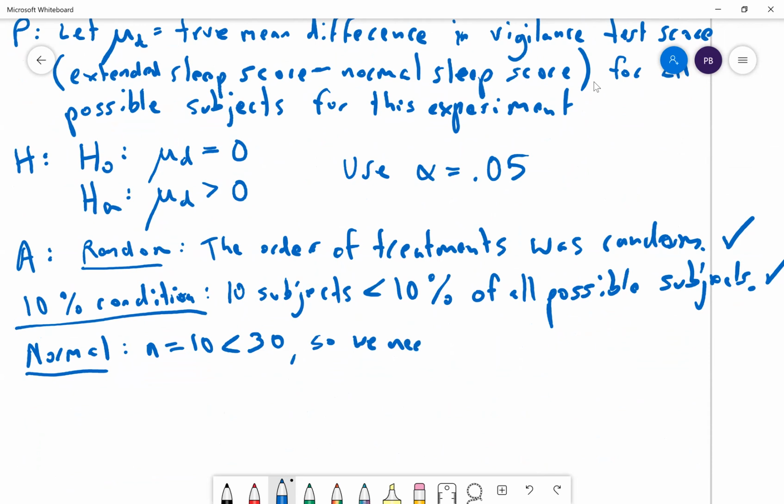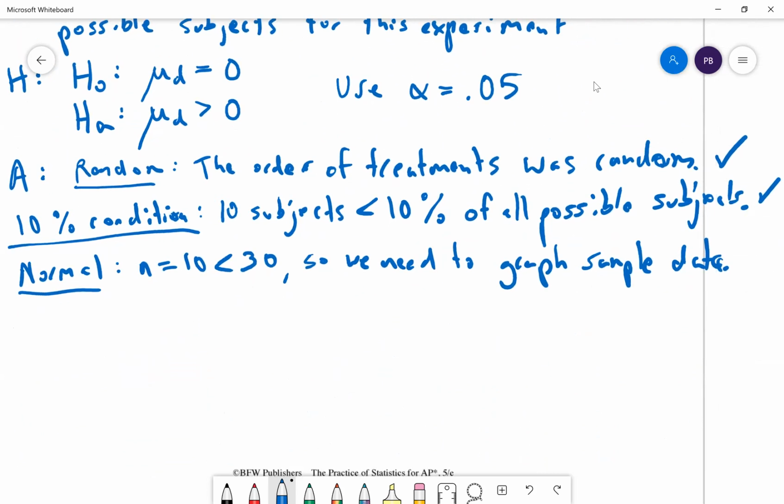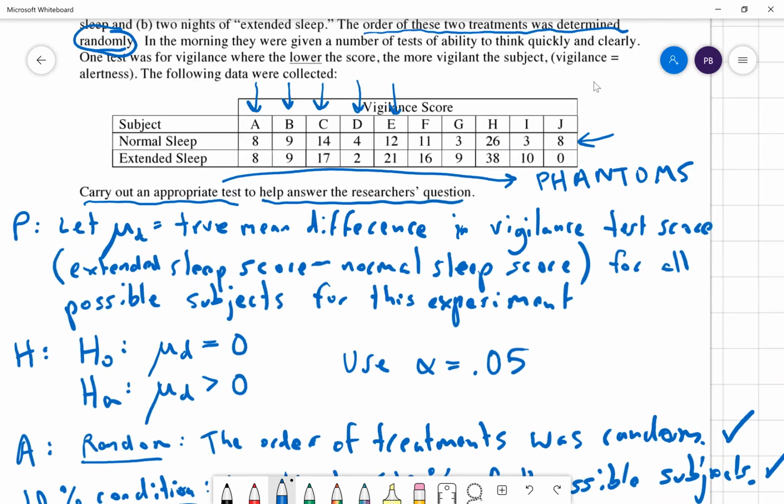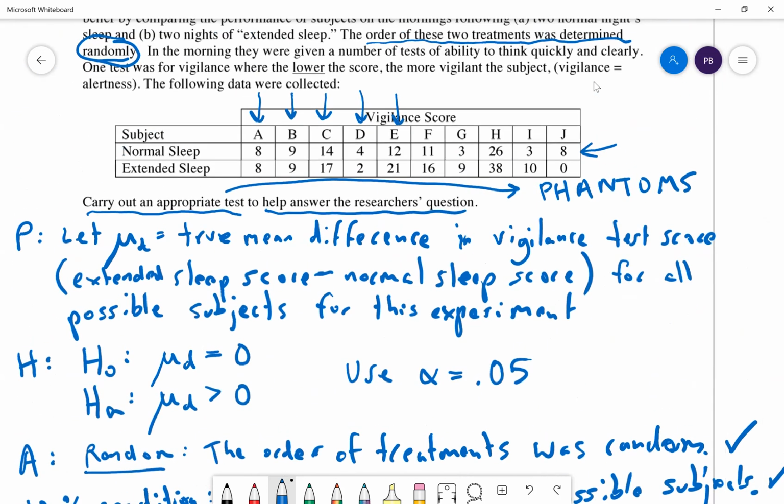So we need to graph the sample data. Okay, so I would recommend creating a box plot here, but the key thing is what data are we actually going to graph? So here we have these 2 rows of data. Which row should we use? And what we're going to do actually is calculate the difference for each subject and then graph those differences.